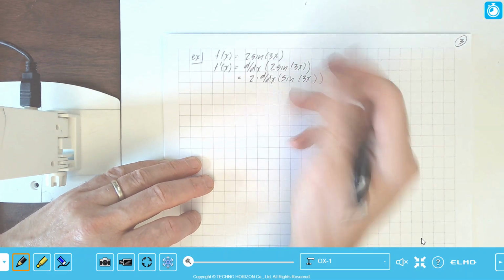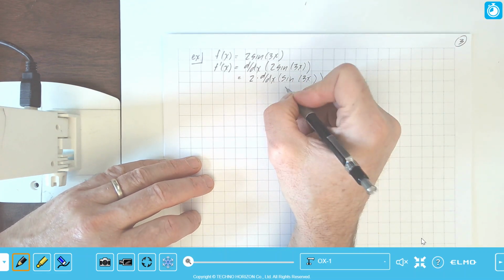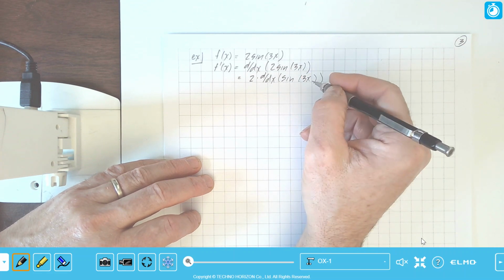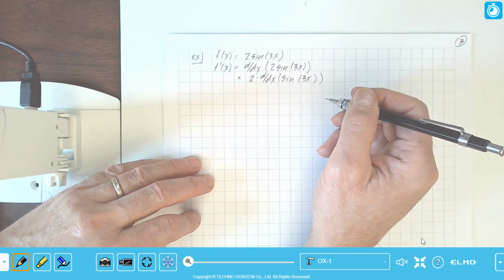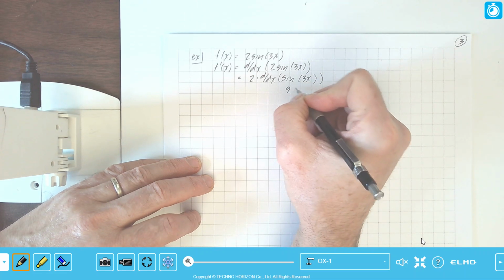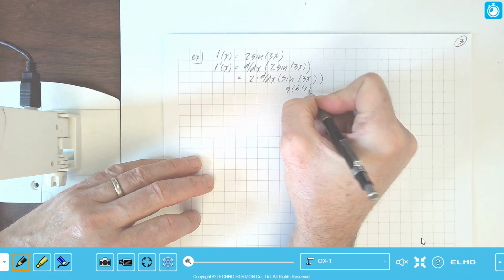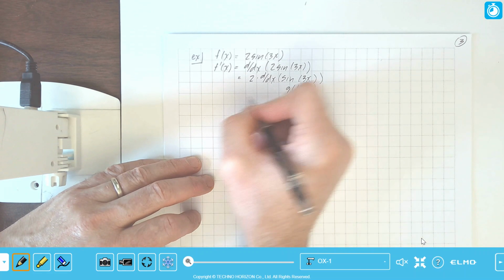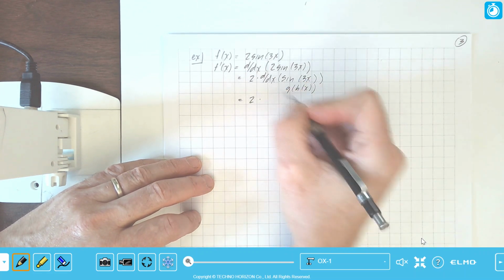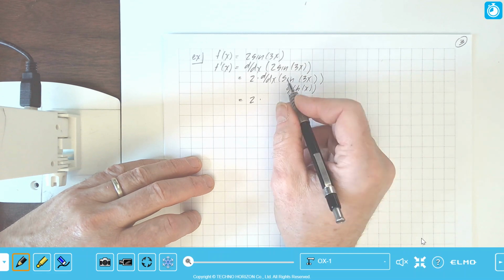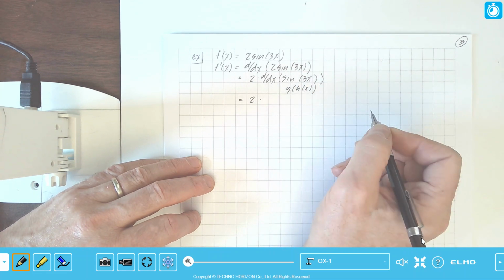And now I recognize this as a function inside of a function, right? So this is f, and we could call this g of h of x. For our derivative, we're going to have 2 times g prime of h of x. So the derivative of sine, leaving the 3x alone.